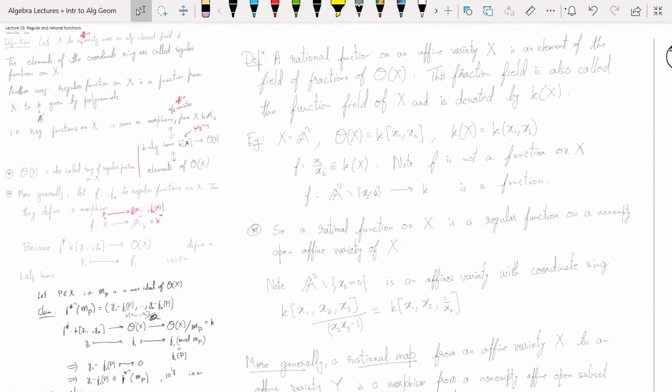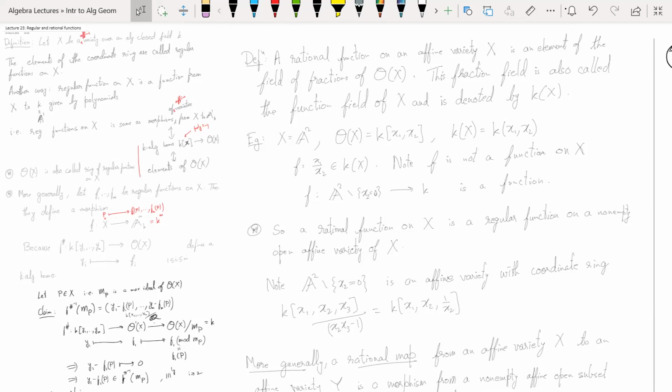Regular functions are in particular rational functions, but rational functions may not be defined on the whole of X. The easiest way to say what a rational function on an affine variety X is, is that it's an element of the field of fractions of the coordinate ring. So you look at the coordinate ring of X, and you look at its fraction field. You take any element of that, and that's a rational function.